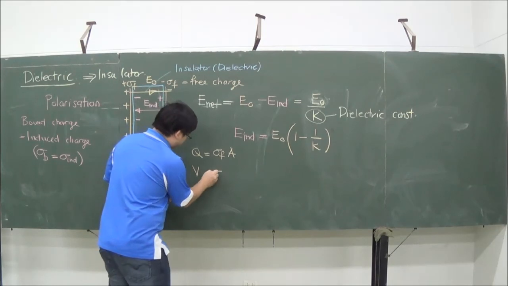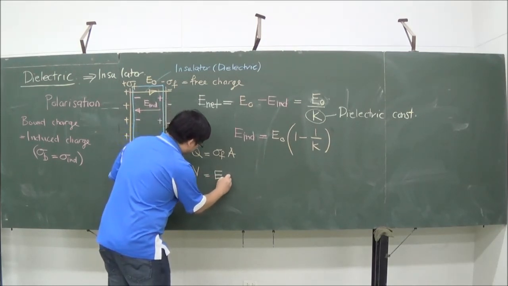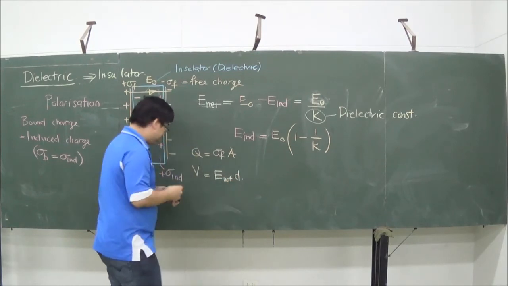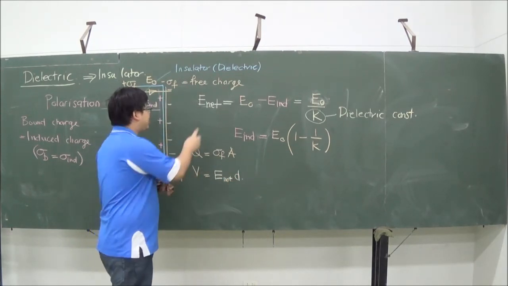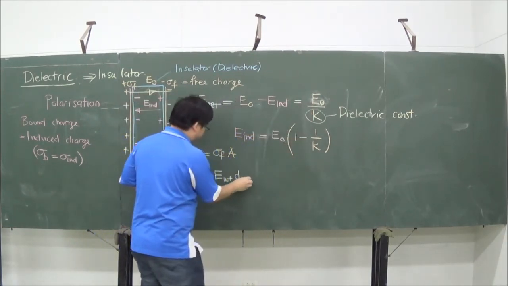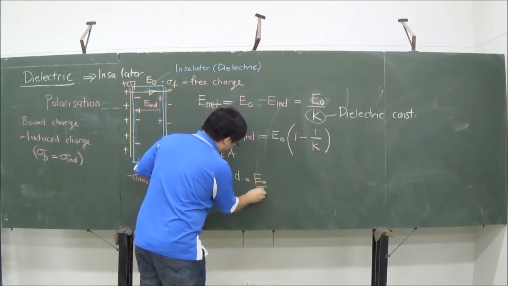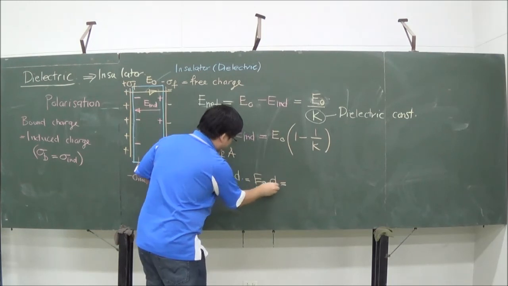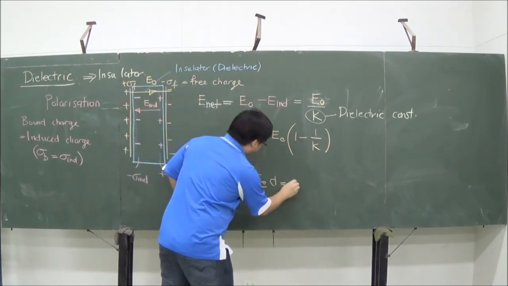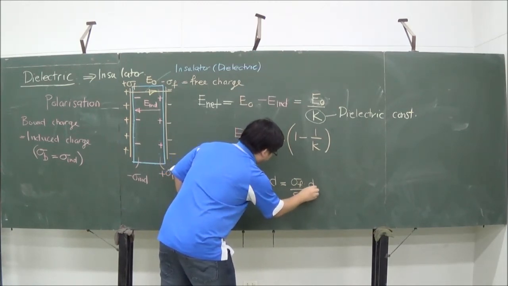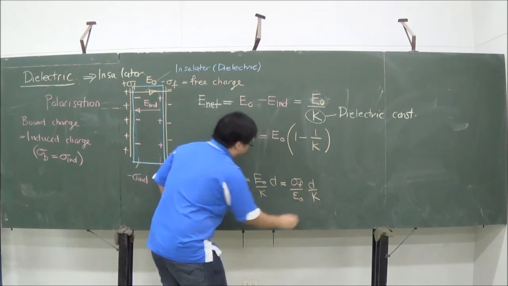So E net times the separation D, and the net field equals the old field E naught divided by kappa, and the old field is sigma free divided by epsilon naught.